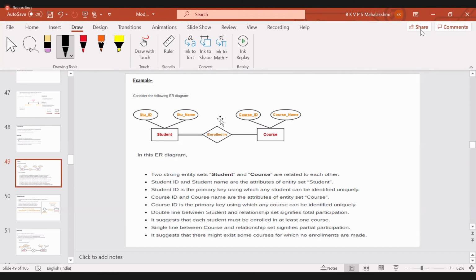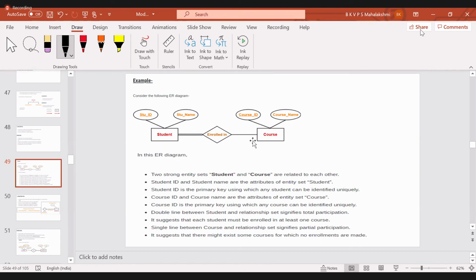Without enrolling, are you able to access the Moodle of our specific subject? No, we cannot access it. So we have to enroll. So here the students will be enrolled in the courses.